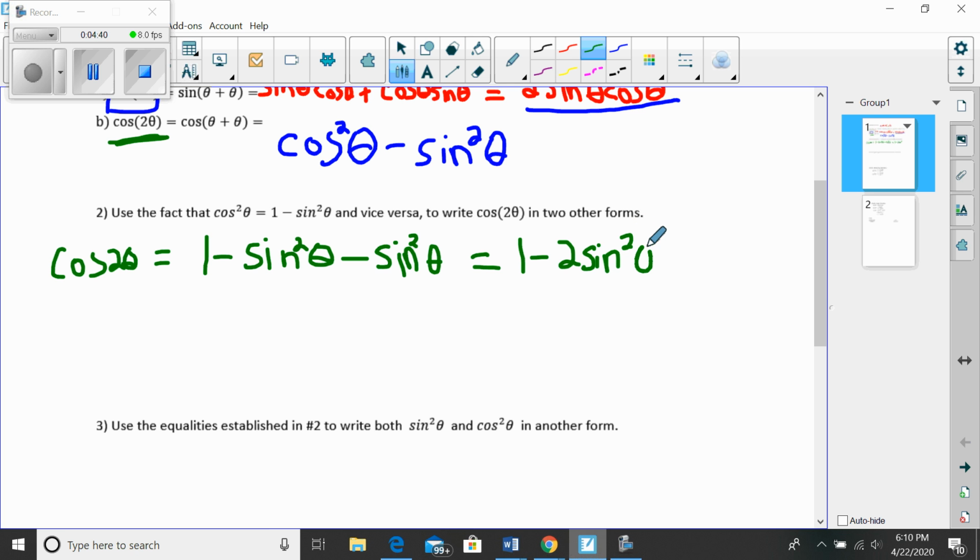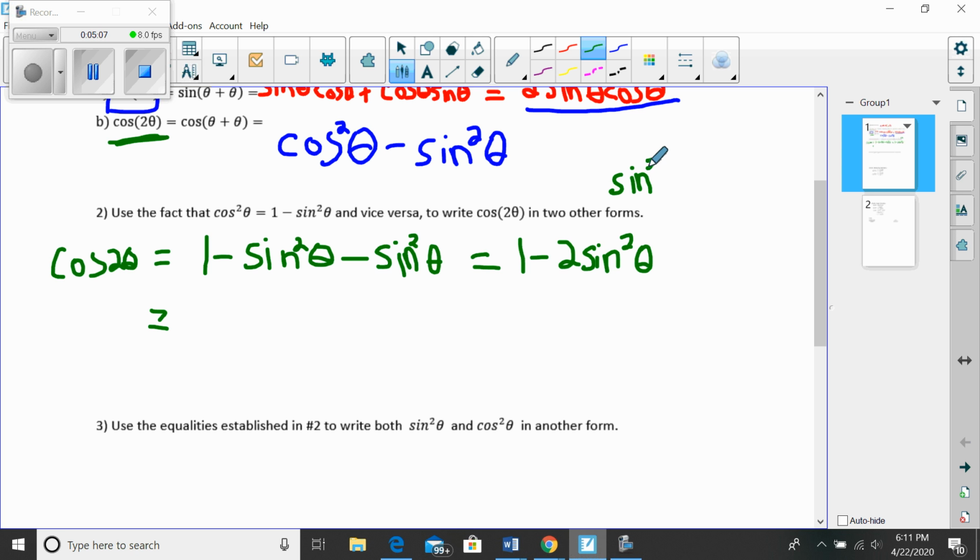So that's going to make working with this more challenging because you're going to have to choose what would be the best substitution for the problem at hand. You see cosine 2 theta, you can replace it with cosine squared minus sine squared theta, or you could replace it with 1 minus 2 sine squared theta, or we can use the other fact then that sine squared theta, right?